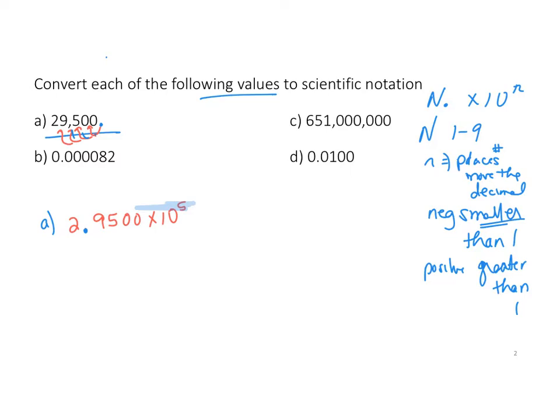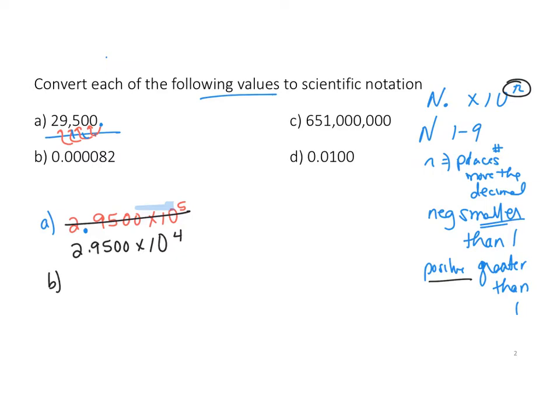Well, let me erase this. Okay, so let's count again. 1, 2, 3, 4. So 2.9500 times 10 to the positive 4. That's the correct answer for scientific notation. And you see that the little n here is a positive value because 29,500 is greater than 1.